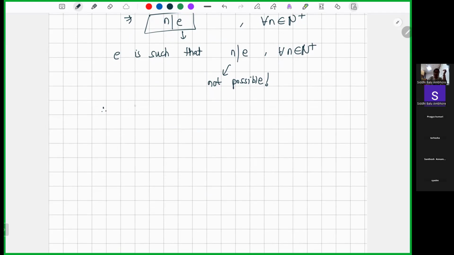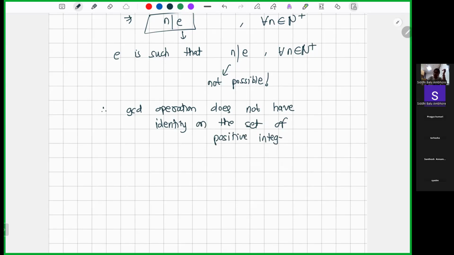Therefore, this operation GCD does not have an identity on the set of positive integers, and consequently, we cannot talk about the inverse.